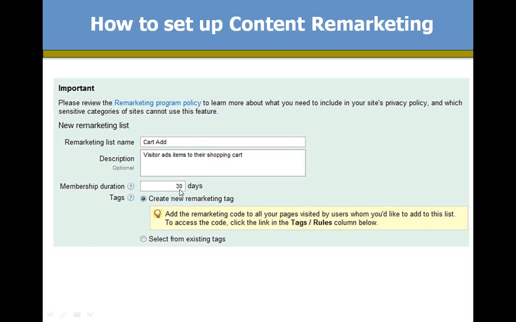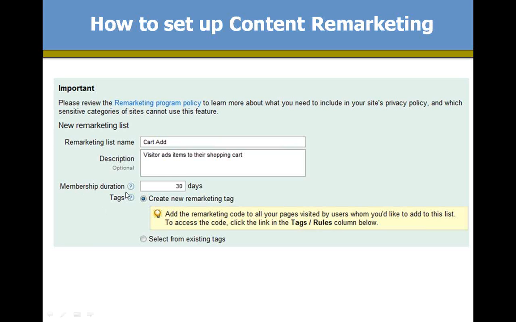Membership duration, I would say 30 days is a great place to start. You can go all the way up to 540 days, but really after 540 days, that person is going to be long gone, and there's really no reason to target them.